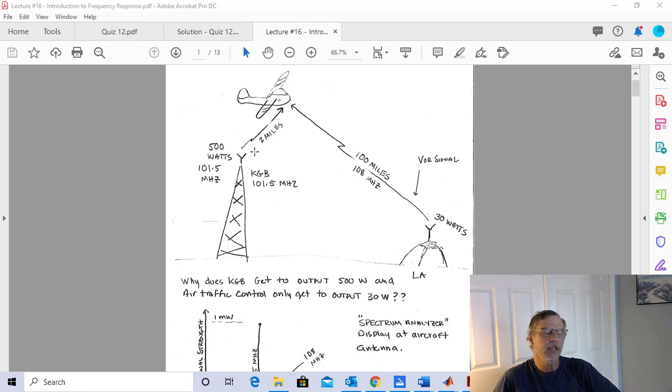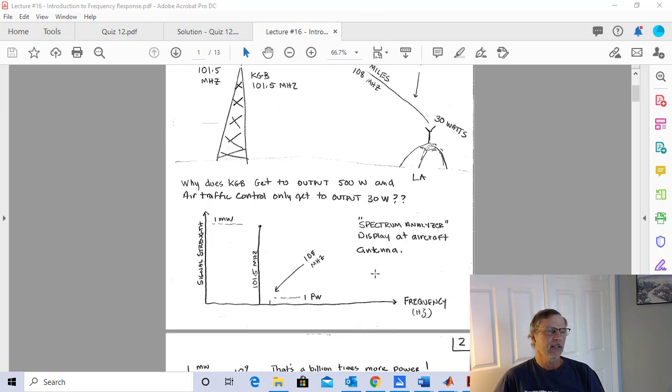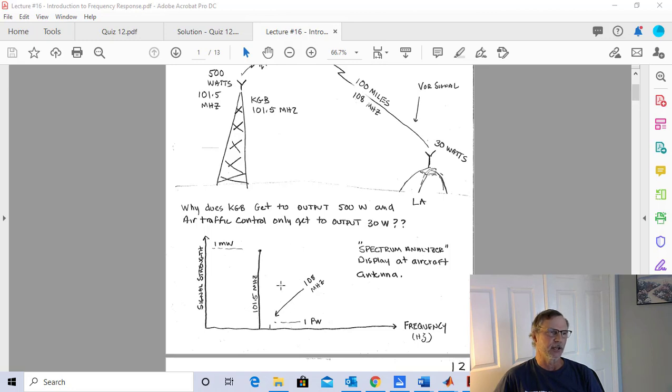So they need a really powerful signal so that the signal doesn't go away when people are driving. But apparently this frequency response stuff that I'm going to show you is pretty useful, because this is a completely viable and safe scenario. So that's why KGB gets to output 500 watts and air traffic control gets to output 30 watts. So let's look at the scenario like engineers.